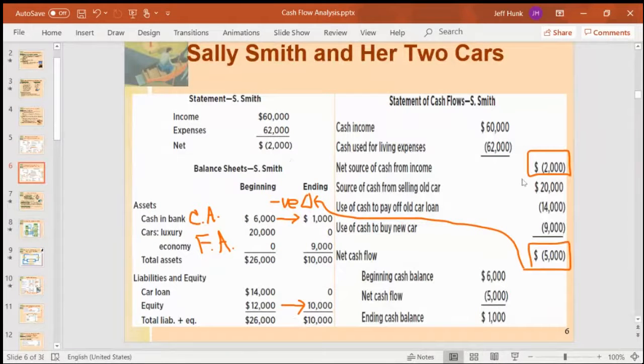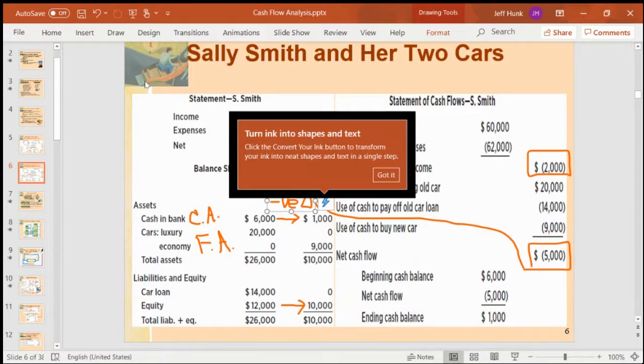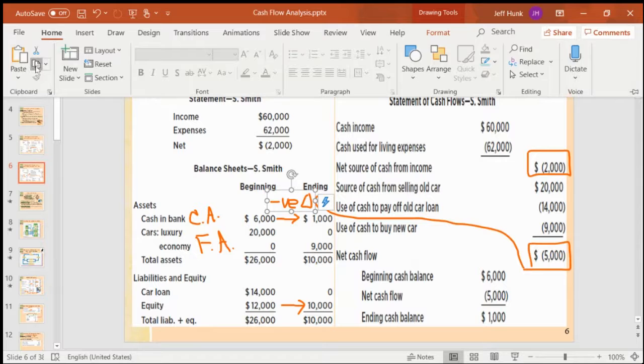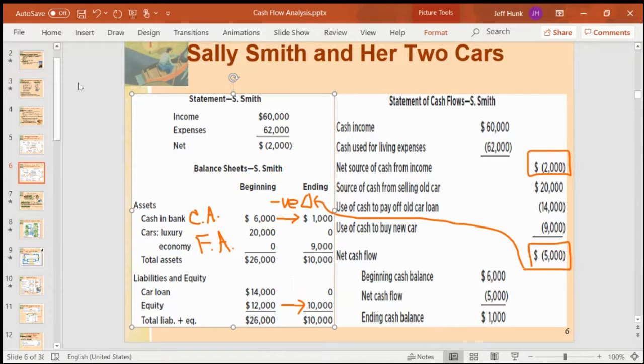And since she had negative, she had to draw it from her equity, and that is the only source of it, right?